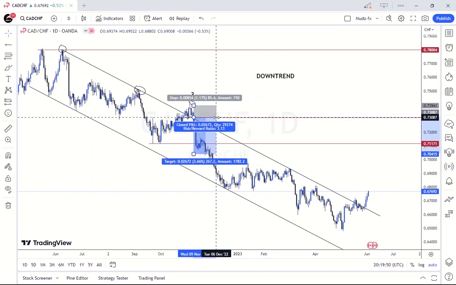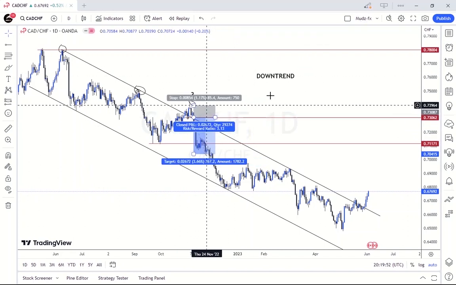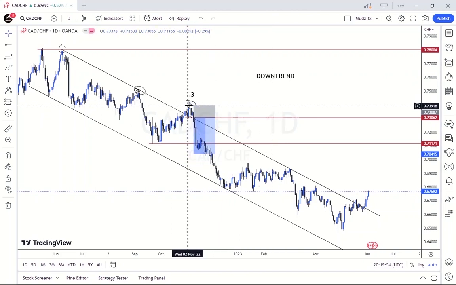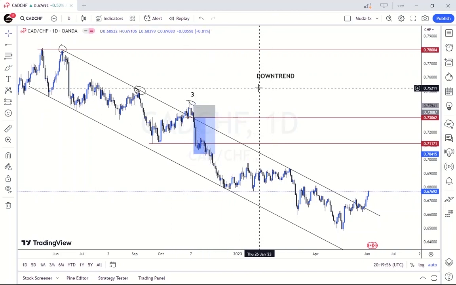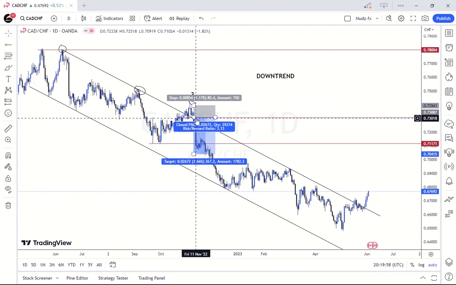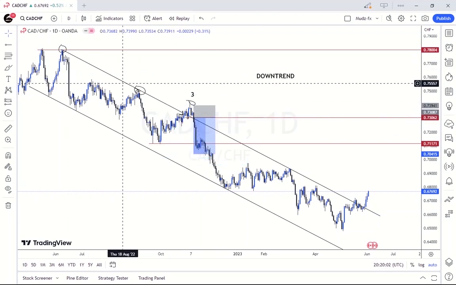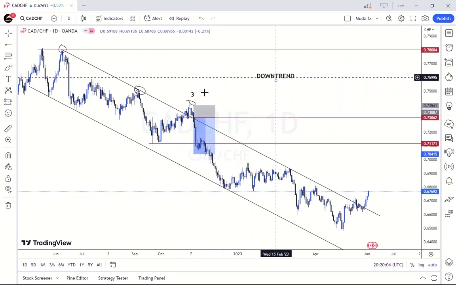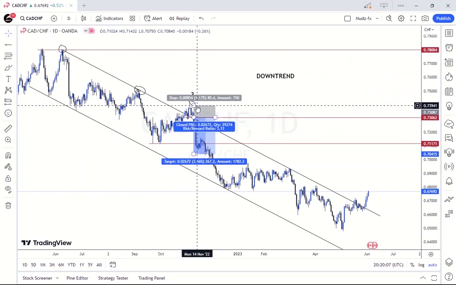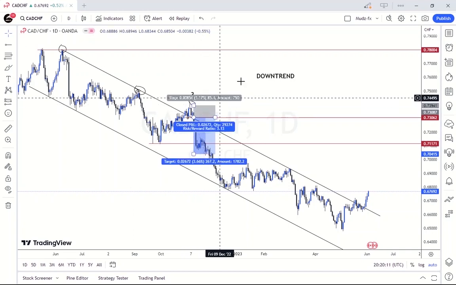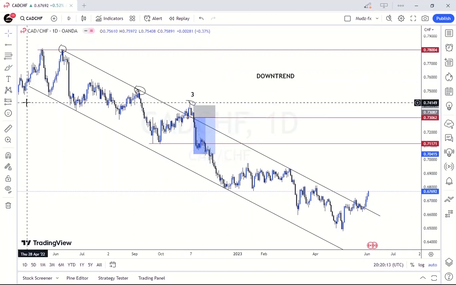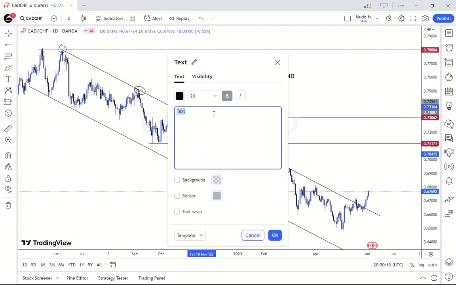If you're really confident with your setup, you can put it right here so that if the market comes back, you know that this downtrend is no longer valid, because a valid downtrend wouldn't do that, right? So we sold from here.